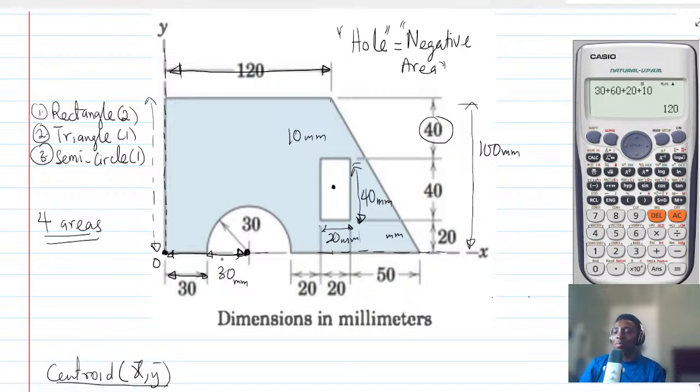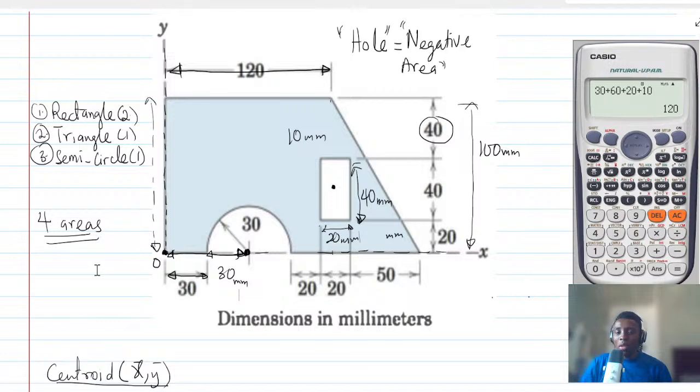So what is the x bar for the semicircle? What do you think is the x bar for the semicircle? All right.